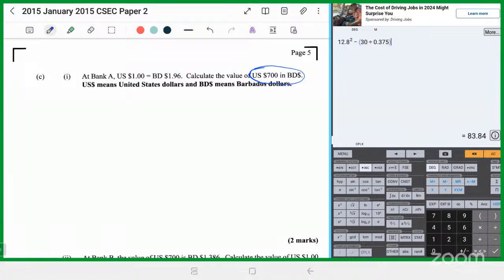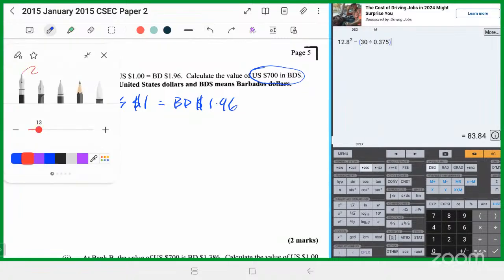All right, so it's US $1 equals Barbados $1.96. But for this side to become 700, we need to multiply everything by 700.